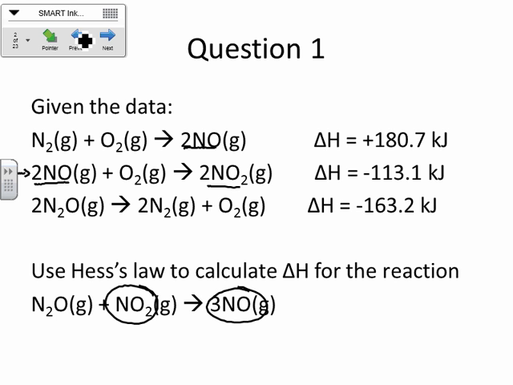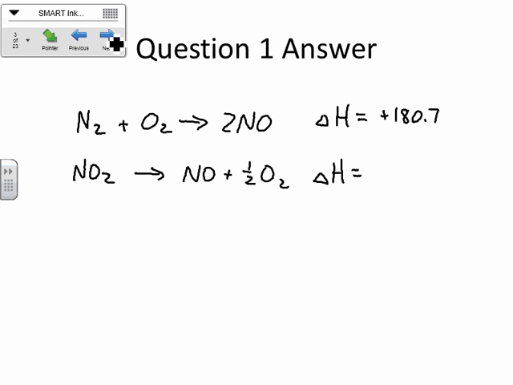Now we flipped this thing, so what's that going to do to the sign? It's going to change to positive, okay? And then we also have to multiply this by 1/2, or divide by 2, however you want to look at it. And I'm ashamed that I can't do that in my head. 56.55. So this should be plus 56.55 here.